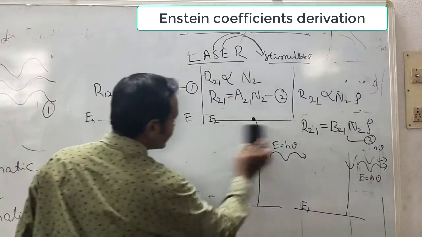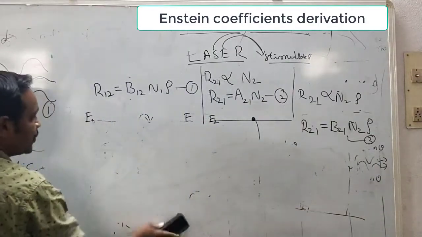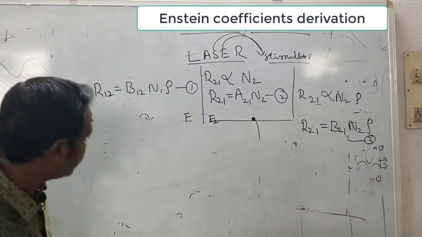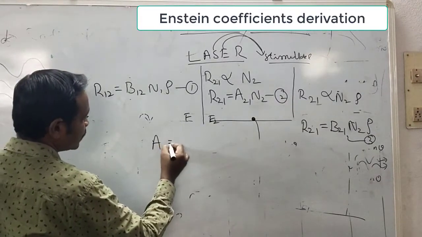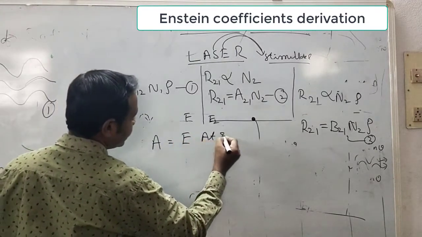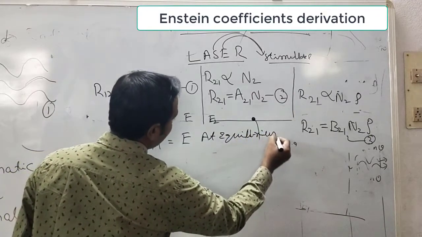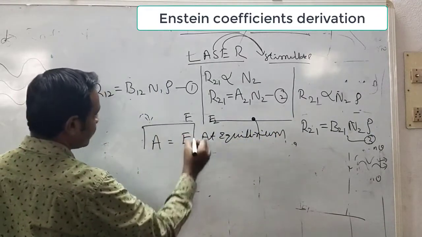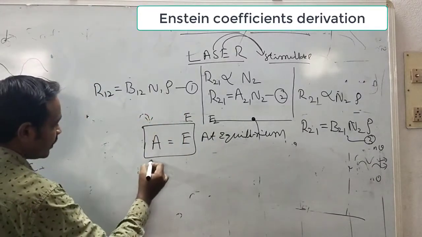Now I'll erase this part. I'm going to write the equation for the Einstein coefficients. For the equilibrium position, the rate of absorption equals the rate of emission. Now for the rate of absorption, you have only equation number 1.